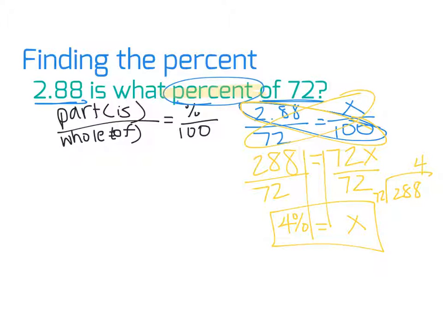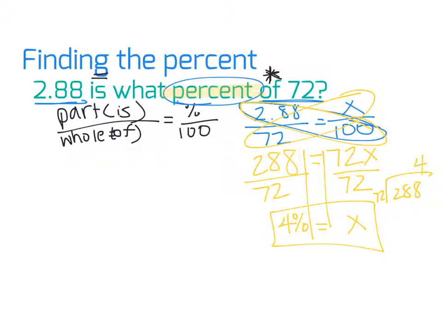If you use an equation for this one, you have got to be super careful, because you have to remember that your percents, when they're being multiplied in an equation, are written either as a decimal or as a fraction. So the two different ways that you could set this up, remember that is equal, of is multiplication.